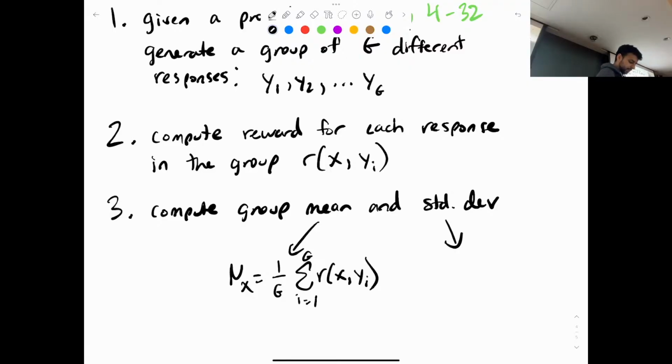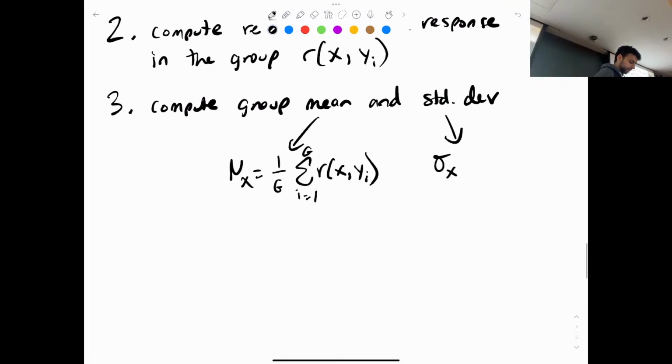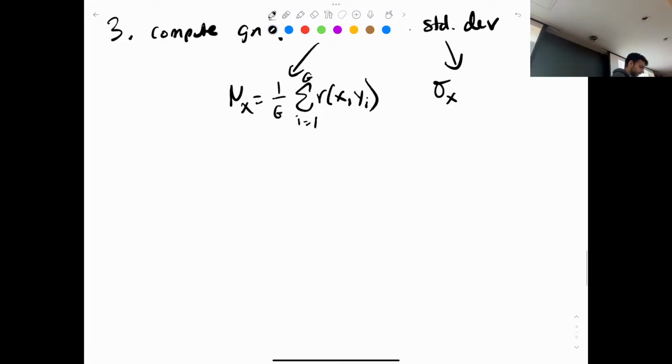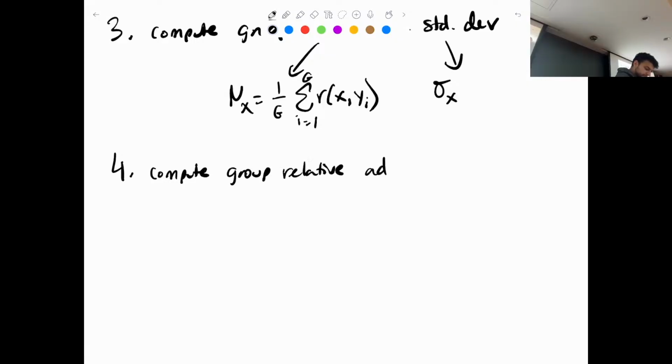And then the standard deviation, we'll just call it this, but this is just measuring the variance. I'm not going to write out the equation here. So once we've computed these stats, we're now going to compute the advantage. These we can call the group relative advantages.